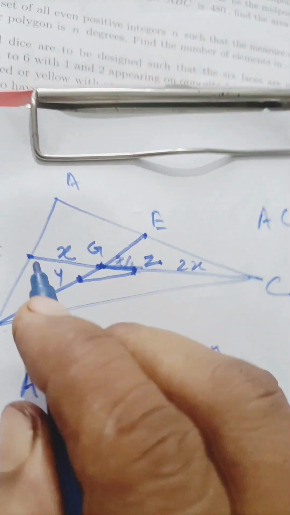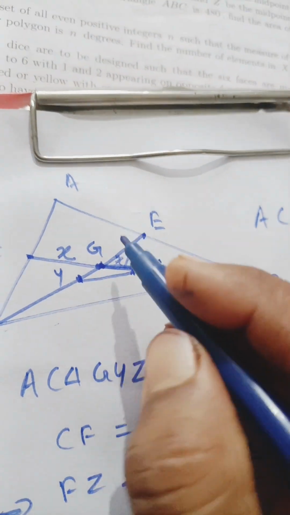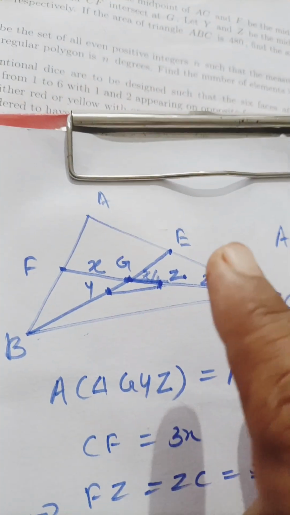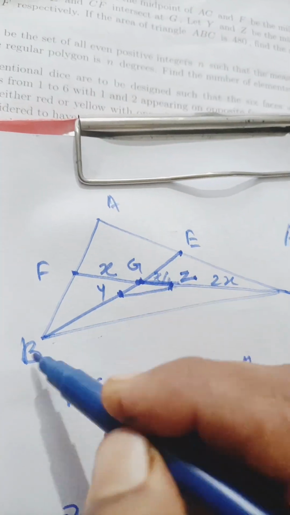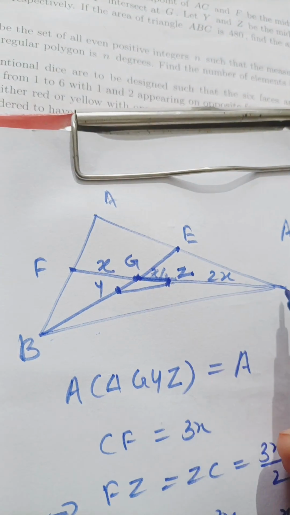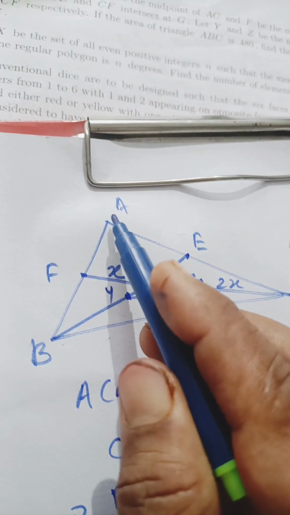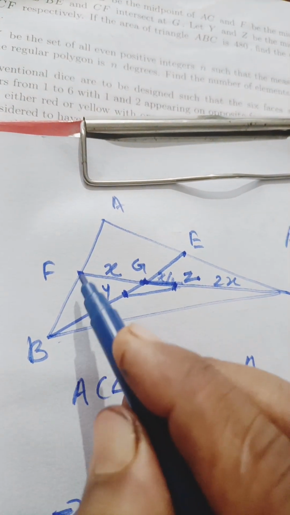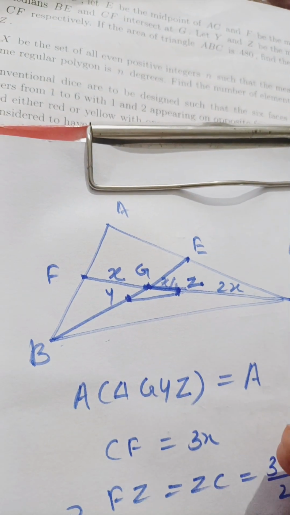Now one more thing we will discuss here: any median of the triangle divides that triangle into two equal parts. This is ABC and this FC is a median. It means the area of AFC and area of BFC are equal.